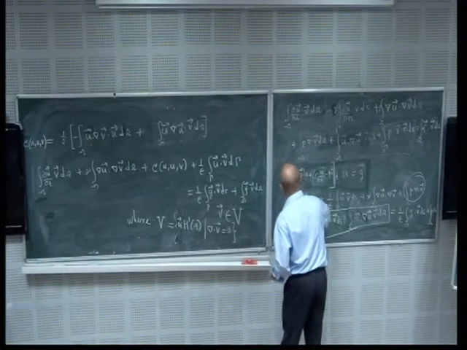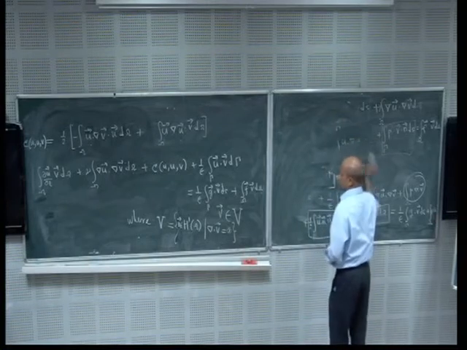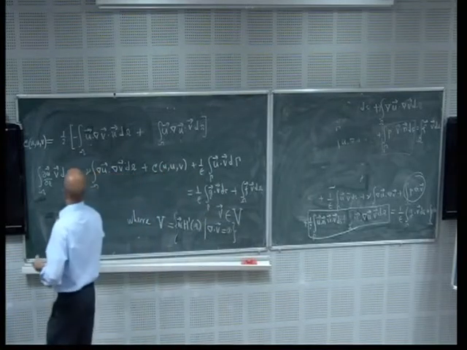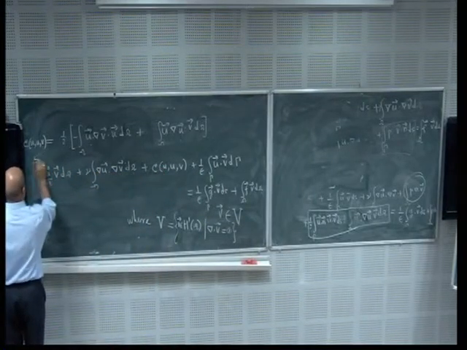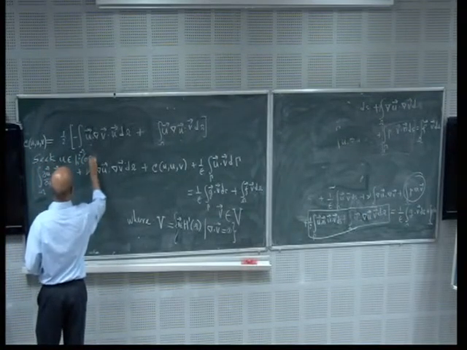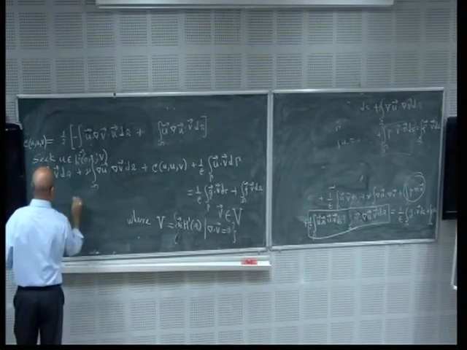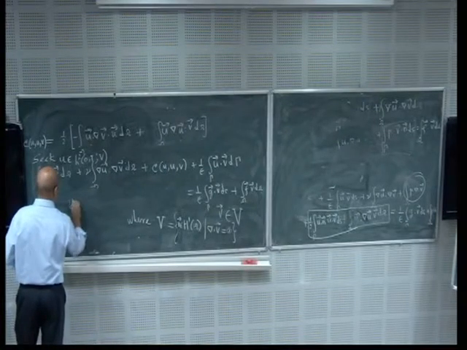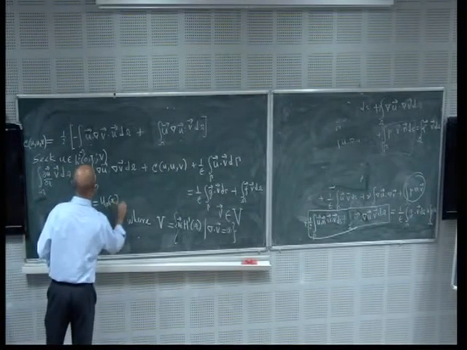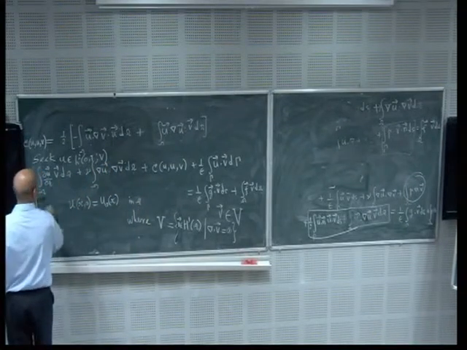So now I am ready to write down what I mean by weak solution. I'm going to take U also in V, so I'm going to seek U in L2(0,T). I also have an initial condition, which you can put in weak form too if you want.